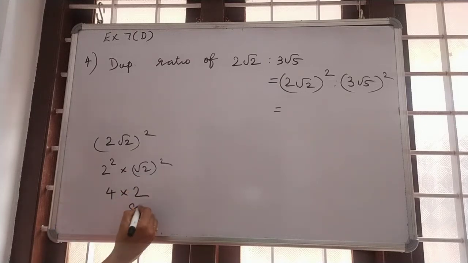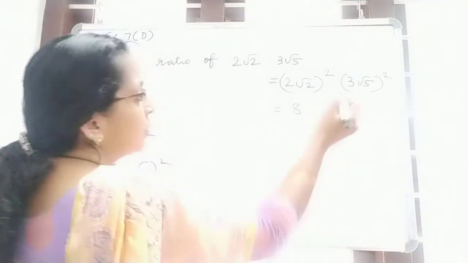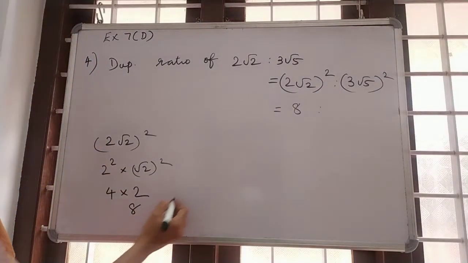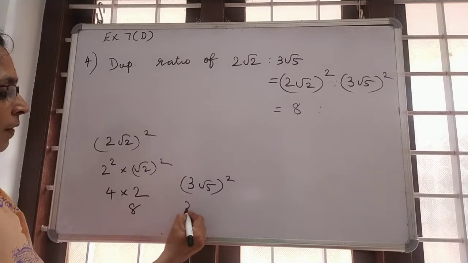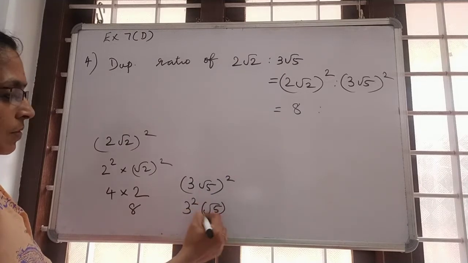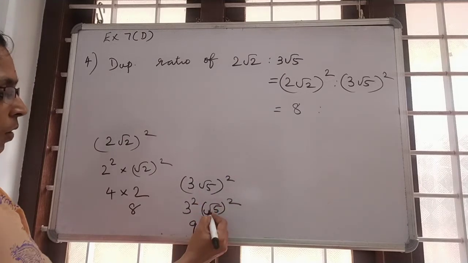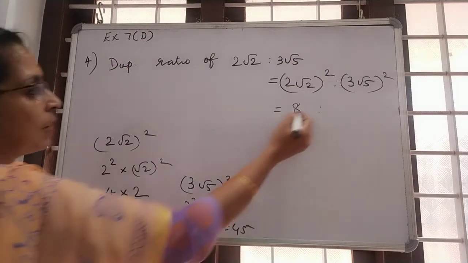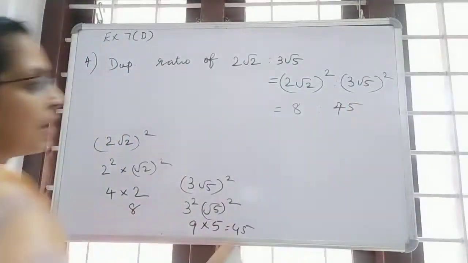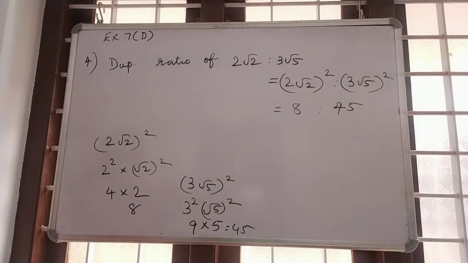So 4 into 2, 8. So 8 is to, same way, 3 root 5 whole square can be written as 3 square and root 5 square. 3 square is 9. Root 5 square is 5. So 9 5s are 45. So that answer is 8 is to 45.